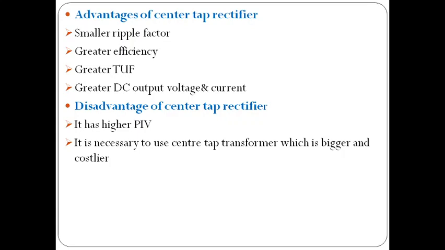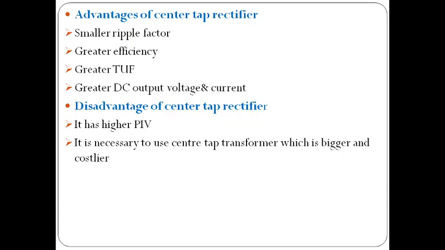And one more, here we are using a center tap transformer. Making a center tap transformer is difficult, it is big in size, and the cost of the transformer is also higher compared to a normal step-down transformer.